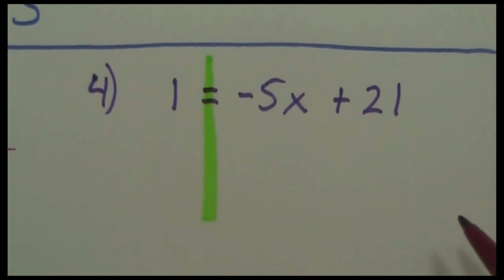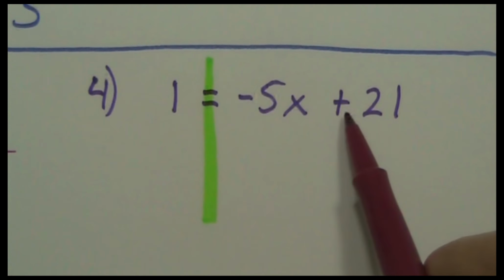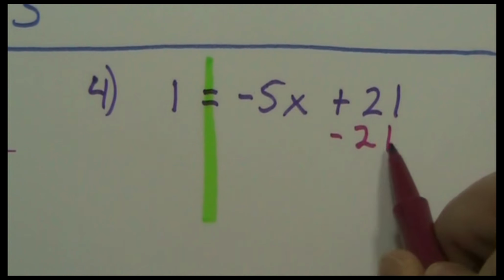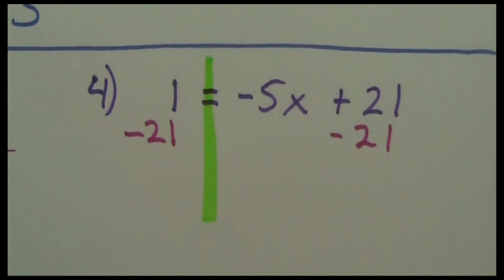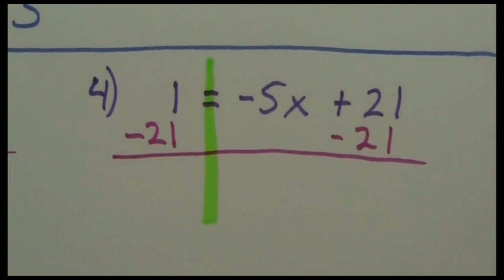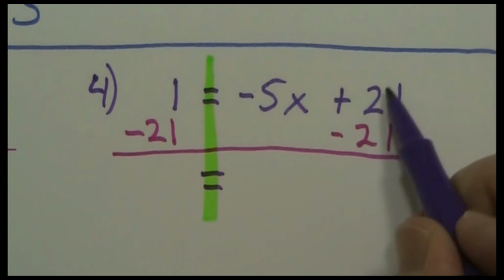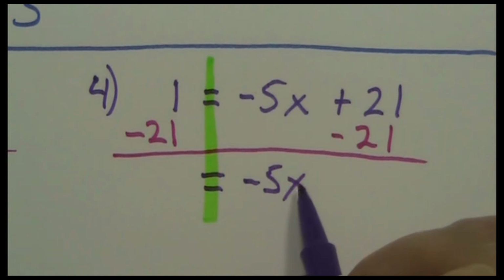So our first step would be to get rid of the constant on the right side here. The constant is plus 21. So I subtract 21 on both sides. And if I do that, this is 0, and I'm left with -5x on the right side.